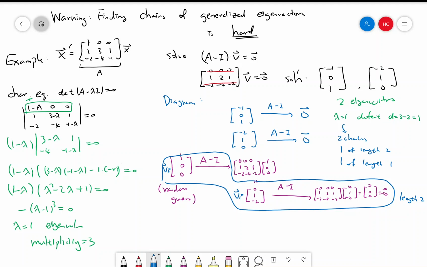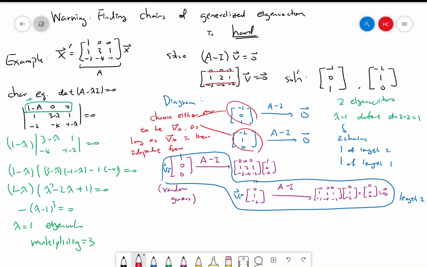All we need is another chain of length 1, and we have two candidates here on top. There's this one or this one. Both of them are part of a chain with length 1. So the secret is either of them can be V3. Just to be careful, we need V3 to be linearly independent from V1.